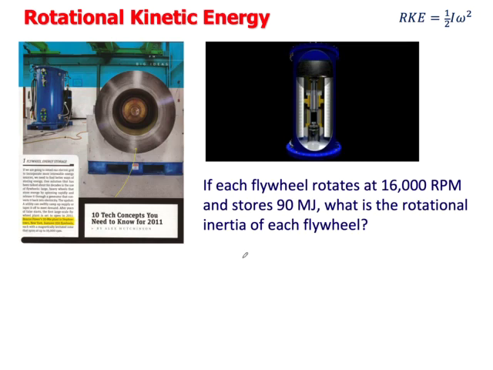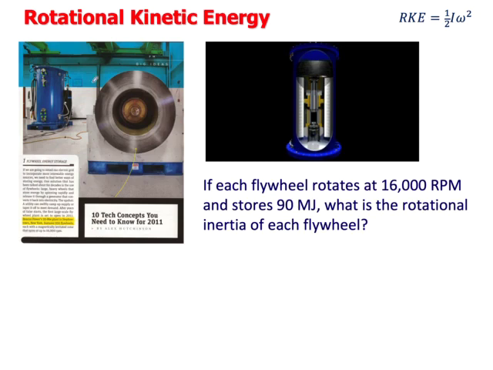A few years ago, it's now almost 10 years ago, some companies realized, wait a second, we could actually store the energy in the form of rotational kinetic energy. And what they've done here is taken huge flywheels, that is, rings basically with all their mass at the outside edge, and they're made out of carbon graphite.